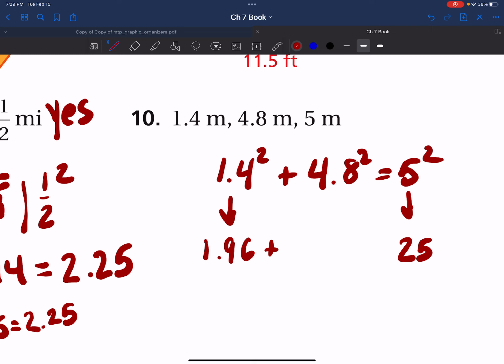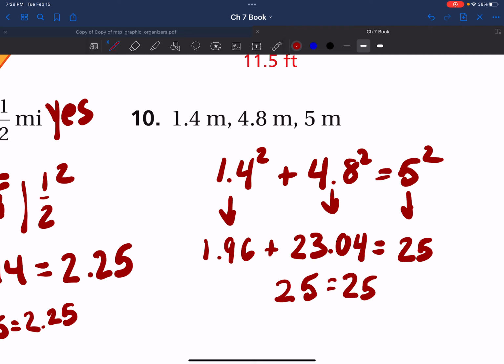This actually might work. I forget that when you are squaring decimals, things are pretty small still. Okay, so 23.04 plus 1.96, that should equal 25. It was deceiving. 25 equals 25, so this is a yes. It does create a right triangle.